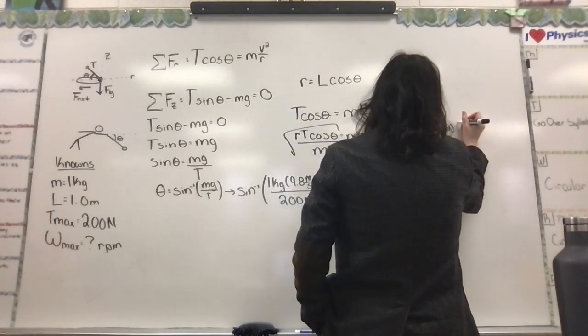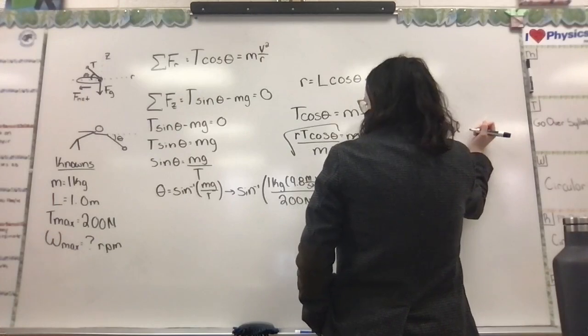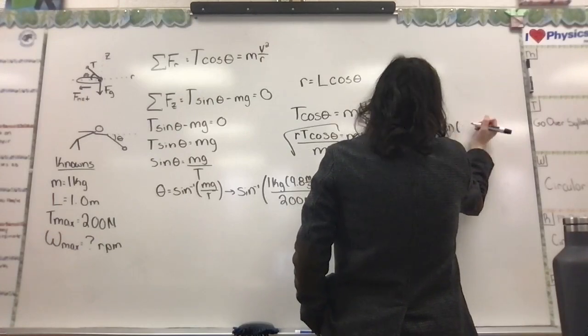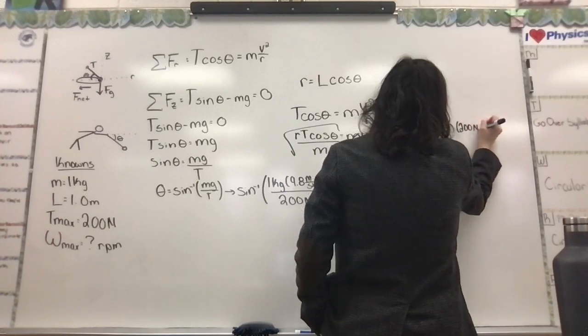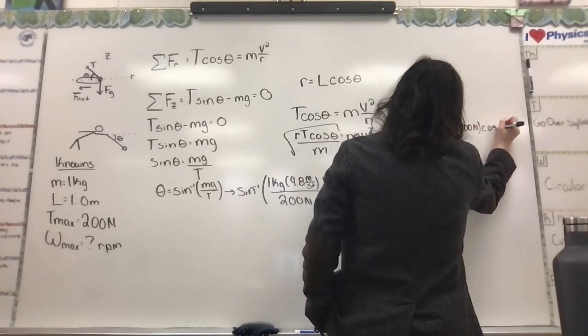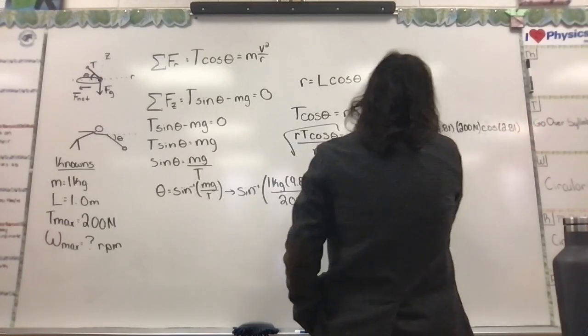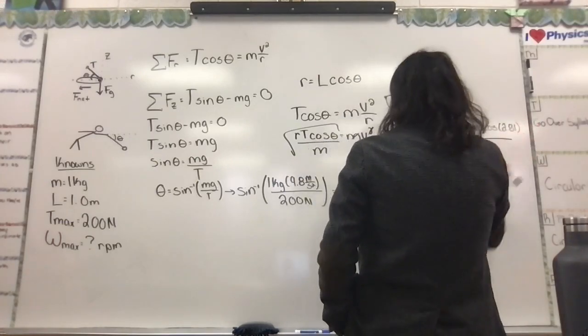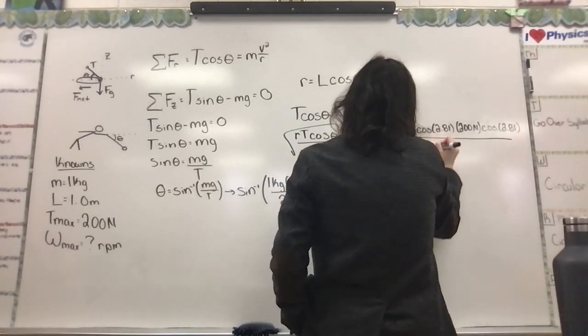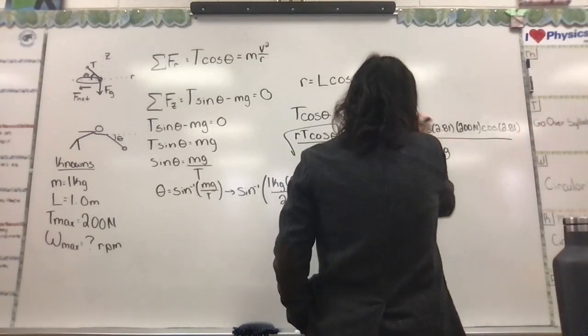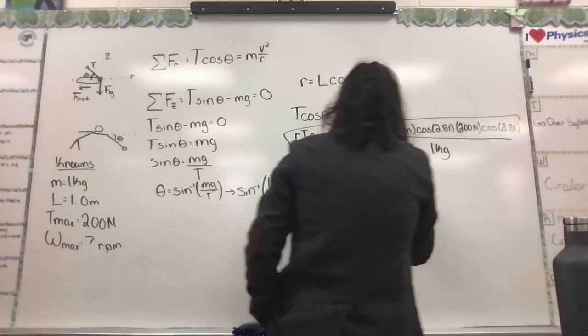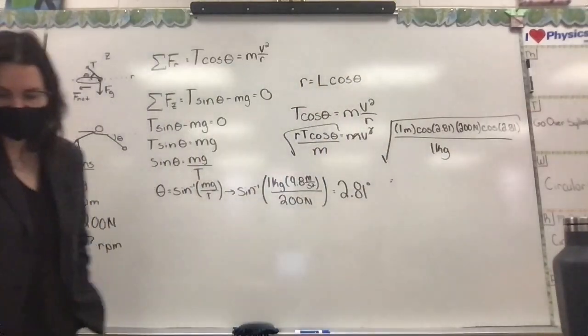And then we're going to have T. What's our T? 200 newtons. And then cosine of, once again, what's our theta? 2.81. Divided by our mass. What's our mass? Okay. Let me know when you got the answer.